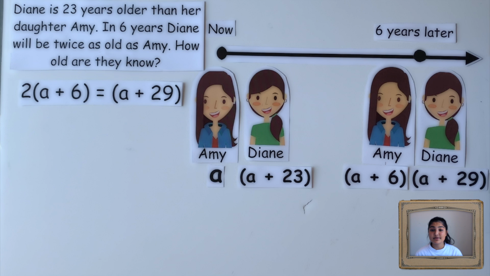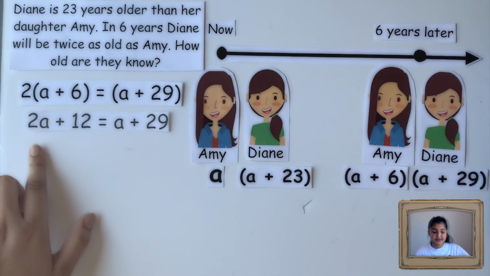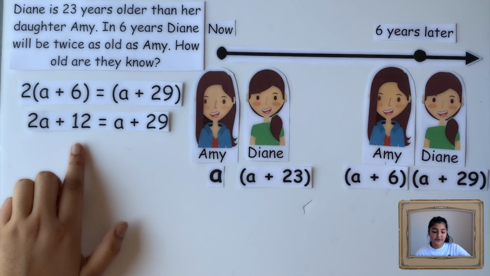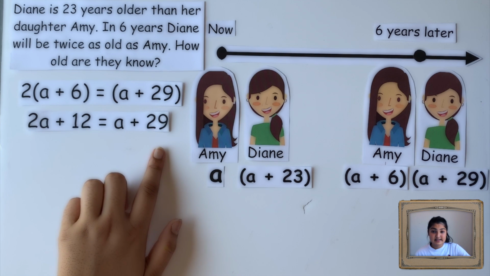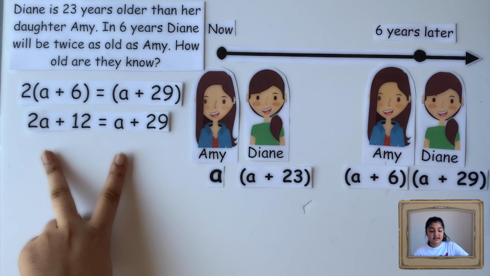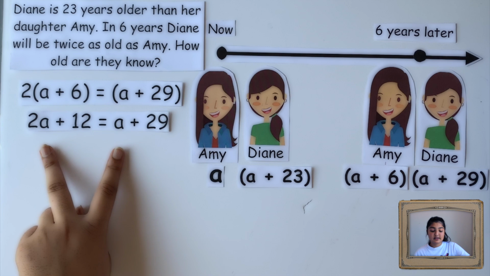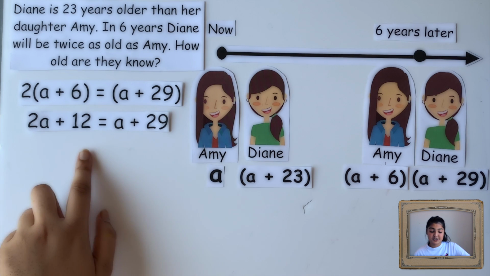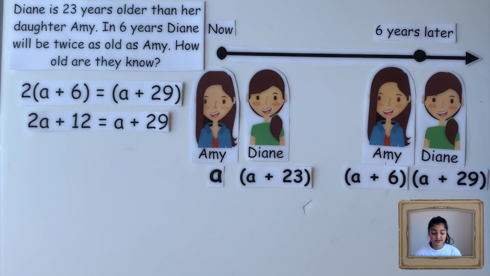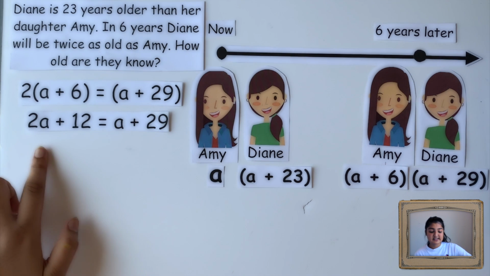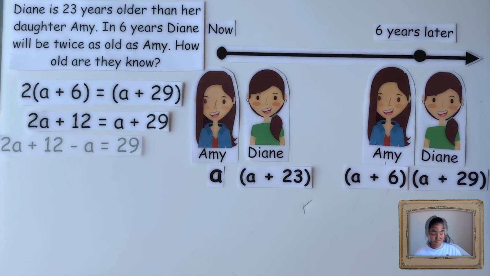Next, let's open the parentheses. 2A plus 12 is equal to A plus 29. Now, let's bring the two variable terms to one side of the equation and take the constants to the other. So let's start by bringing positive A to this side of the equation.